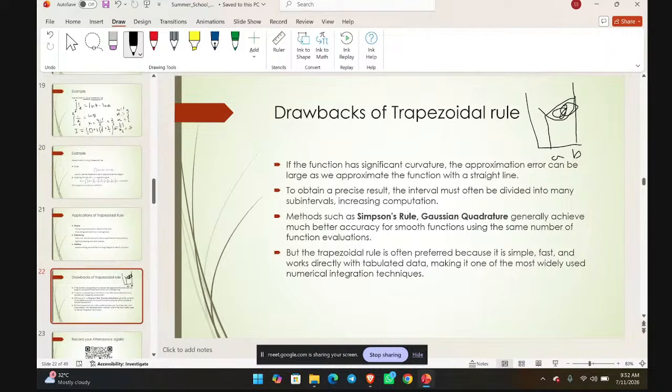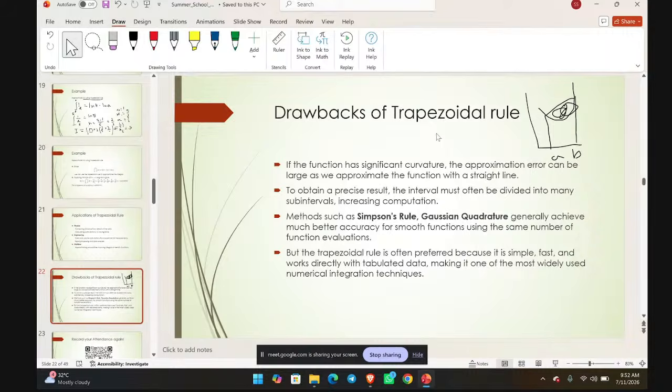So that's why we choose many subintervals. But to obtain a precise result, the interval must be divided into many subintervals, and the problem with many subintervals is that it takes so much computational cost that it's not preferred. That's why there are other methods such as Simpson's rule or Gaussian quadrature. Generally, we use those methods if we want more precise results with less computation.